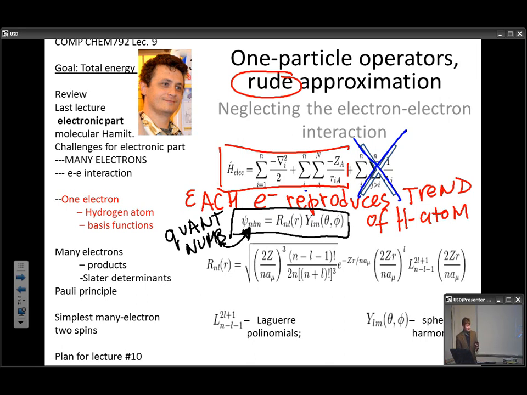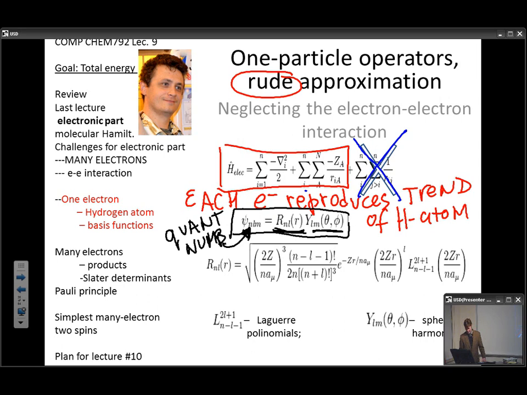And it is one of the few quantum problems that do have an exact solution. It is not very simple in its shape, but it is written down with precise formulas. So it is factorized into the dependence on distance from the center and on the angles.